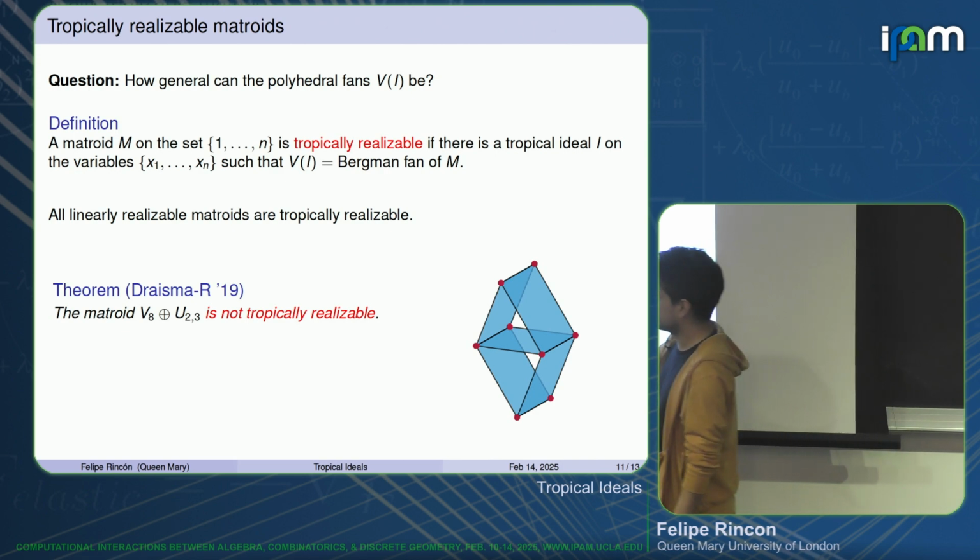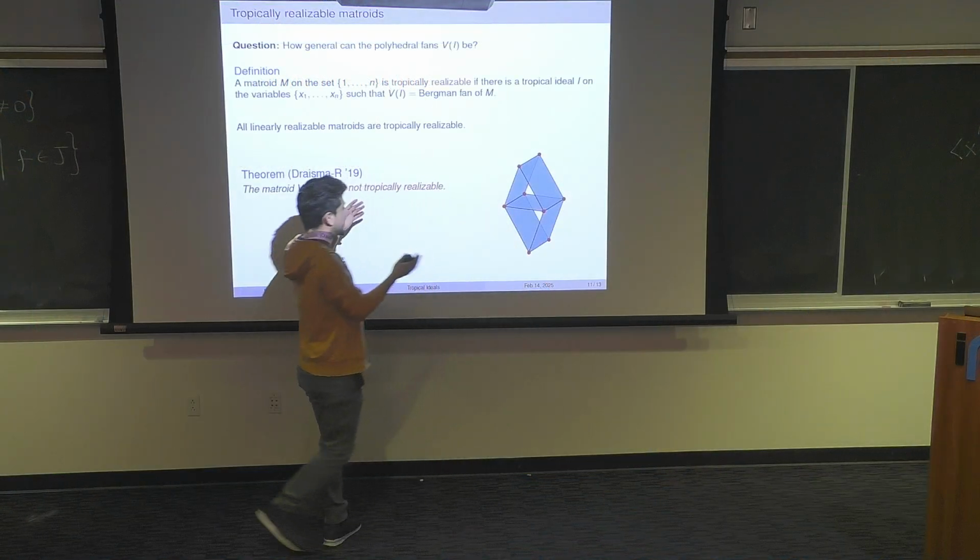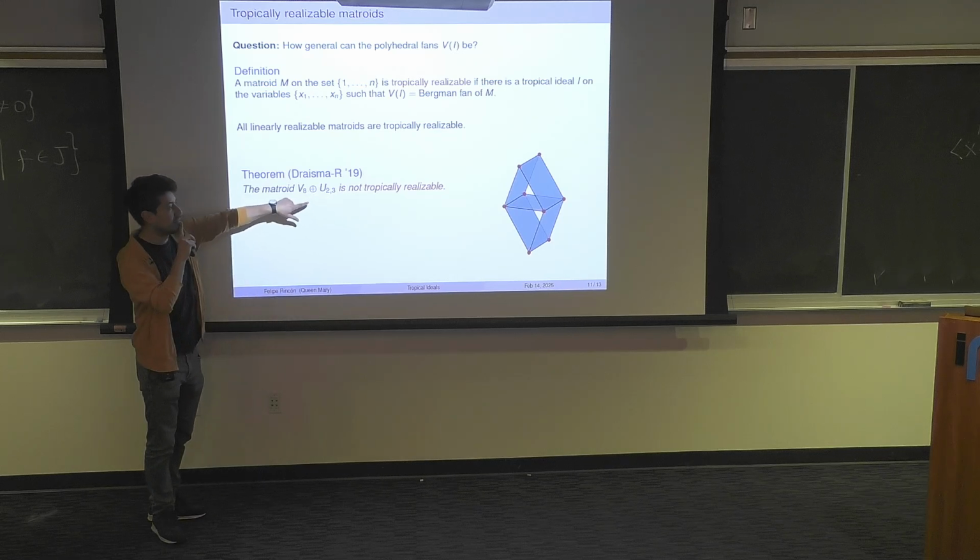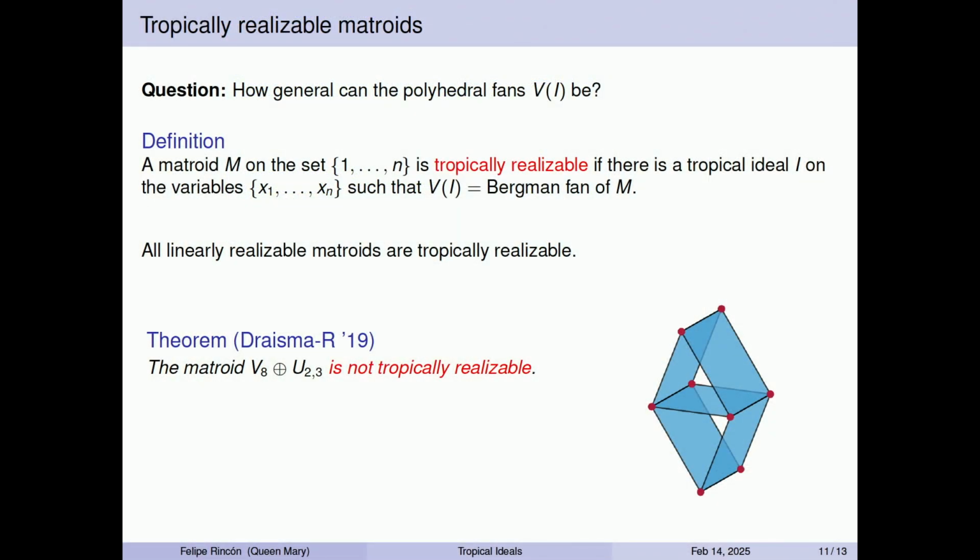But then with Jan Draisma, we proved, or we realized, that some old results of matroid theory imply that the Vamos matroid, if you don't remember what that is, the matroid given by that point configuration, direct sum the uniform matroid U23, is not tropically realizable. You cannot construct a tropical ideal on 11 variables. This is a matroid on ground set 8, and this is ground set 3.